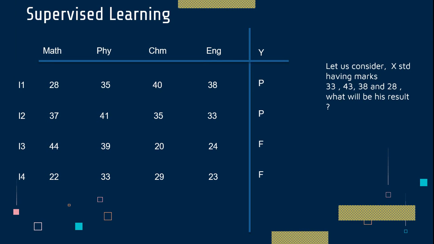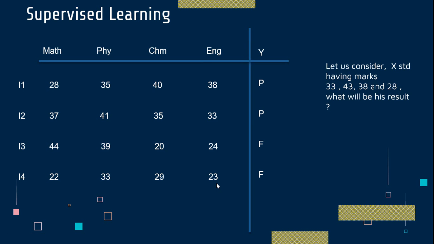Because if you see I3 and I4, they have the marks 20 and 24, and another has 23. On the basis of that, I am taking only this hypothesis. It is not proven yet, so that's why it is called a hypothesis.